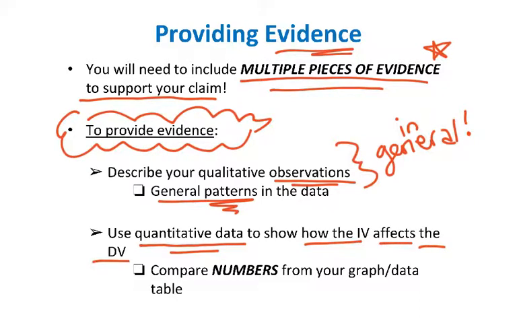In other words, compare numbers from your graph or your data table. Take some numbers from your graph or data table and compare them to show me how the IV affects the DV. Support your claim with numbers from your graph.